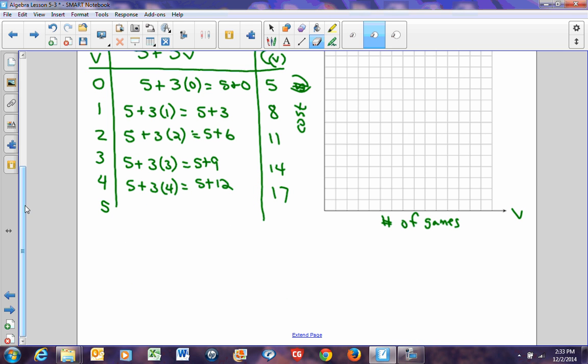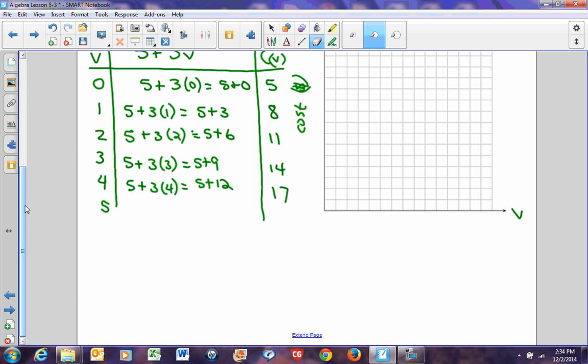Okay. So I'm going to move this because it's in my way. I have a low of 5 and a high of 17. And I'm not going to label this as 5 and this is 8 and this is 11. You can't do that when you're graphing because I can't have weird intervals.